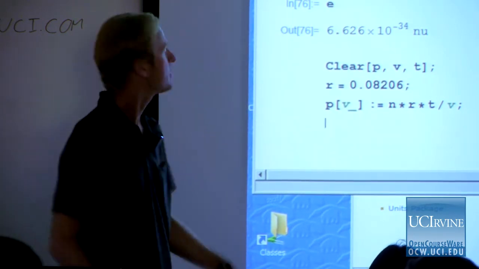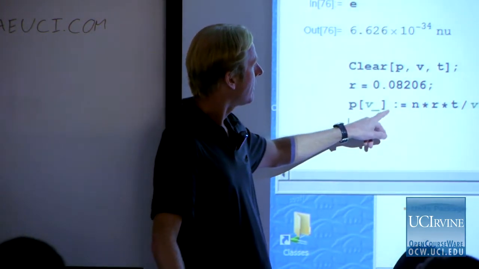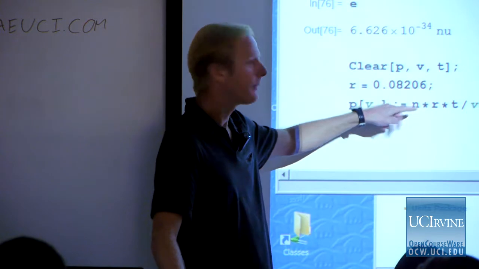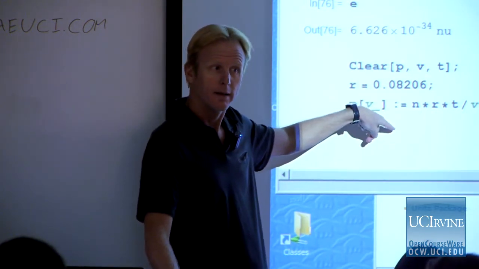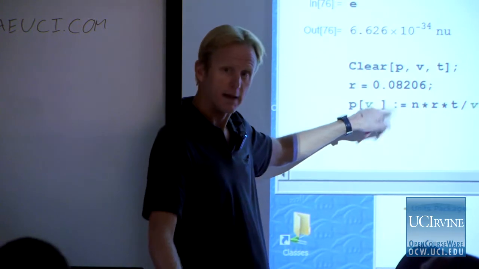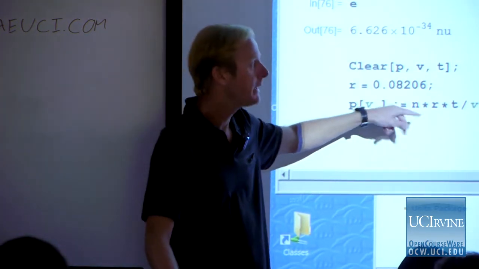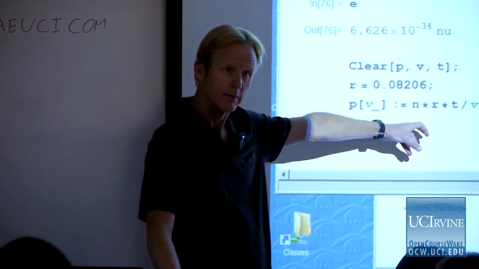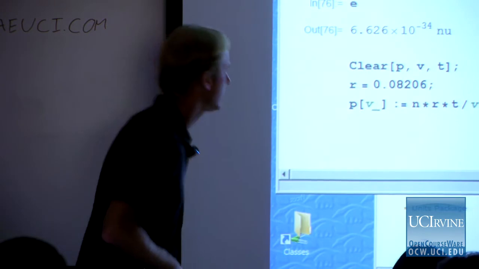So what he said is I should say Plot[{P[V] /. T -> some value, P[V] /. T -> another value, etc.}]. Okay, so that's kind of a nice thing, right? So let's go ahead and do that then.